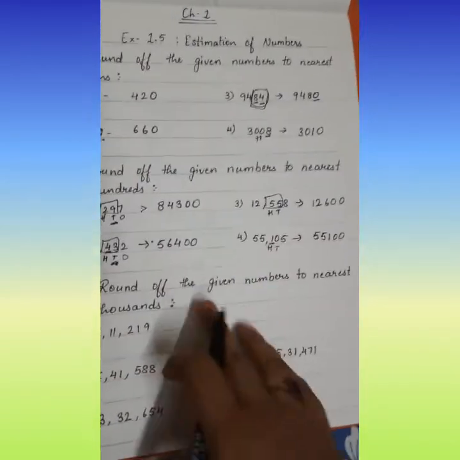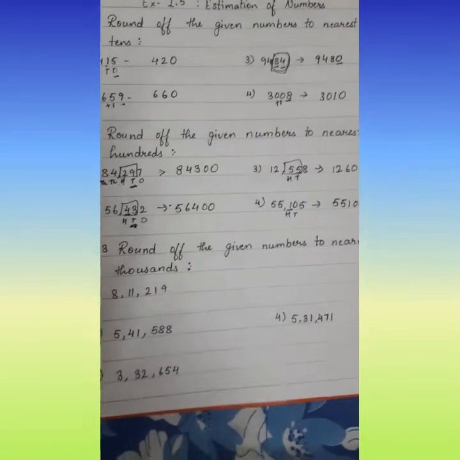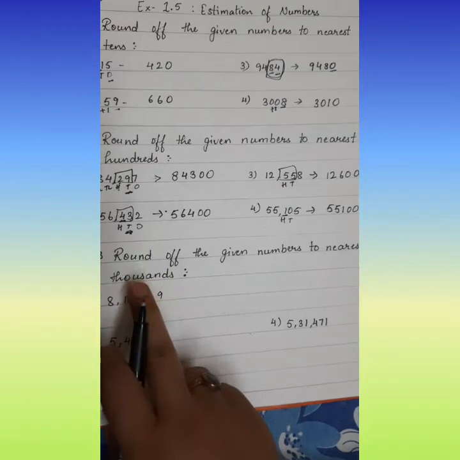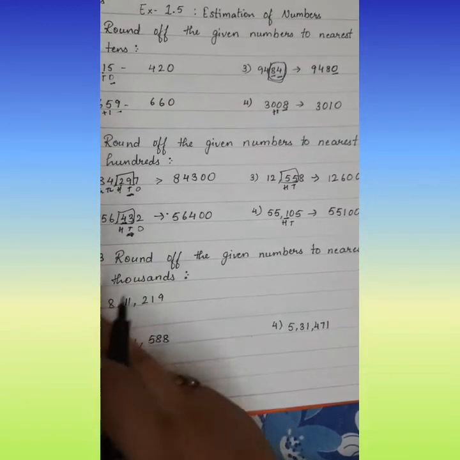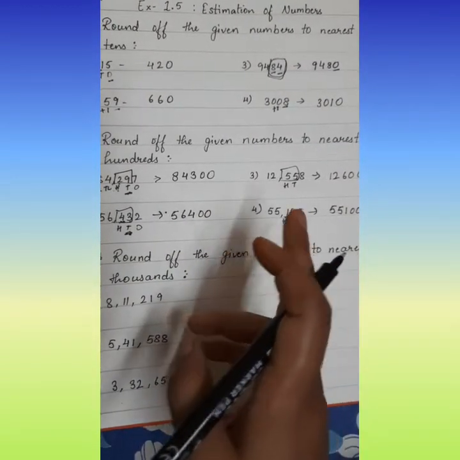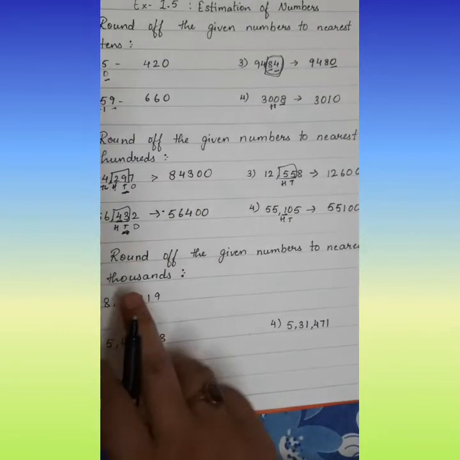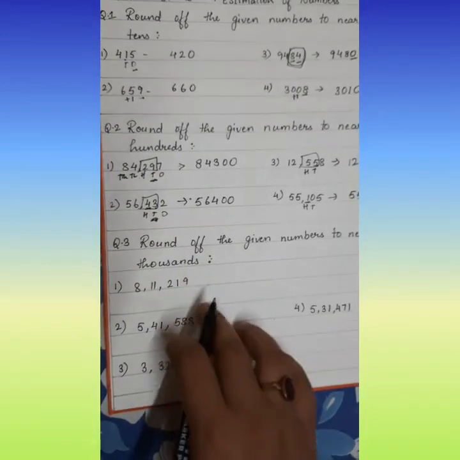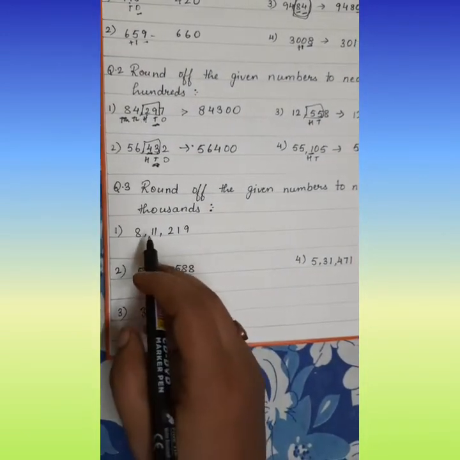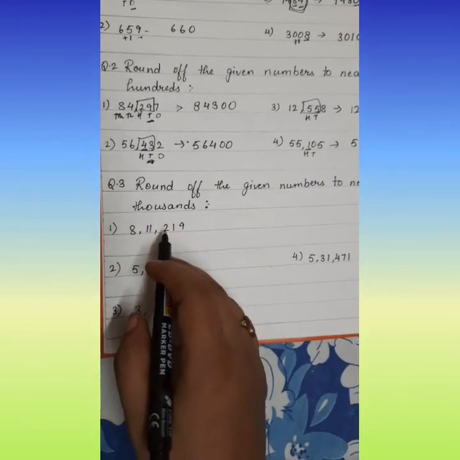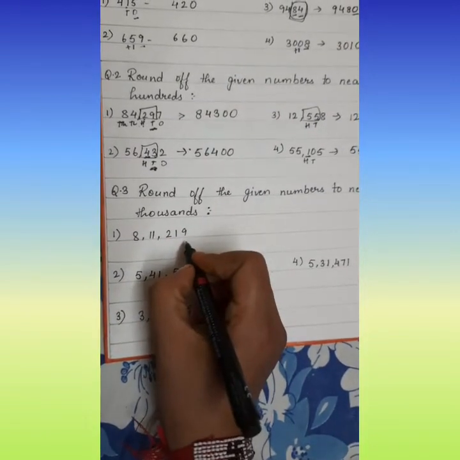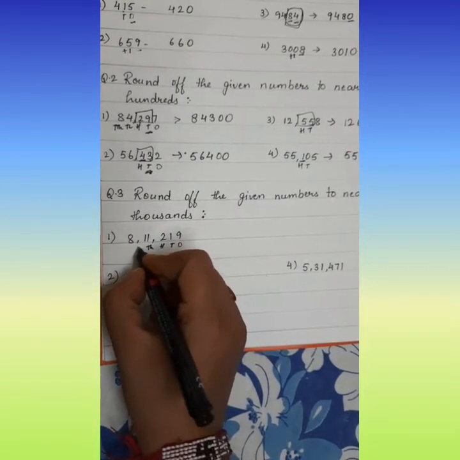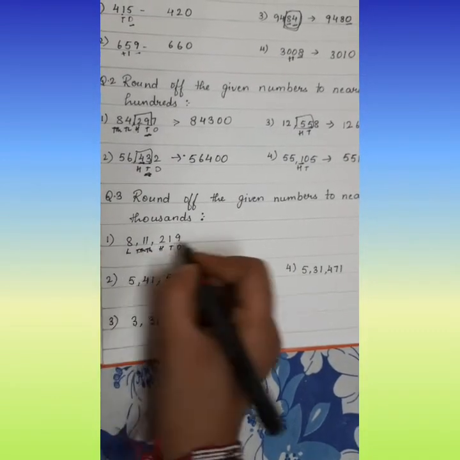Okay. Now one more, that is round off the given number to the nearest 1000. If 1000 is said, we have to see its previous position, that is hundreds position, and nothing to worry about any other position. Here the number is 8,11,219. Let's arrange in place value order: ones, tens, 100, 1000, 10,000 and lakh.